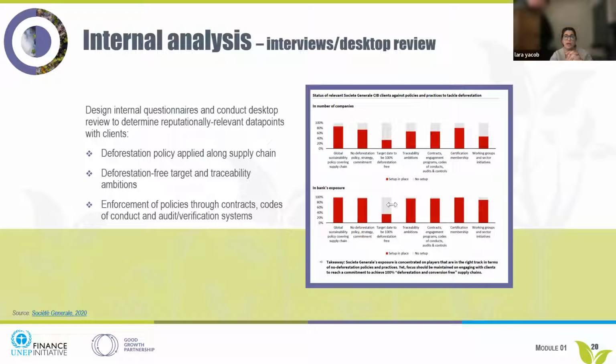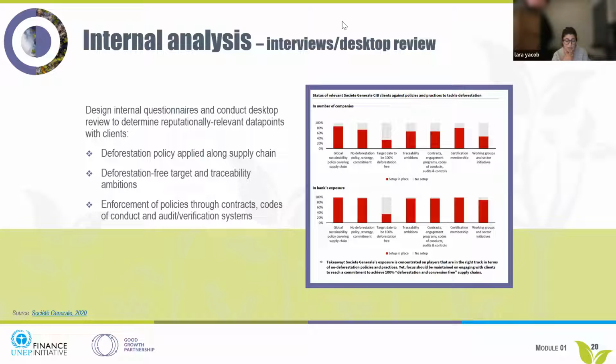So this shows a starting point in how a bank will start to address deforestation risks.